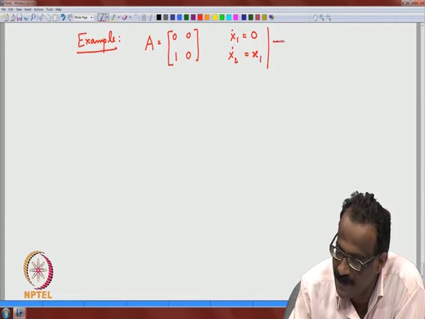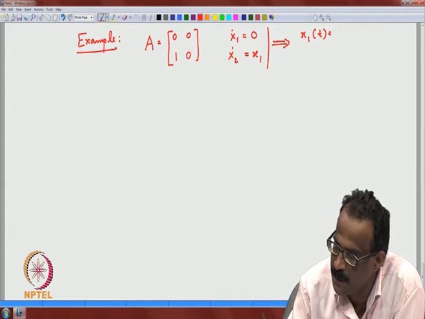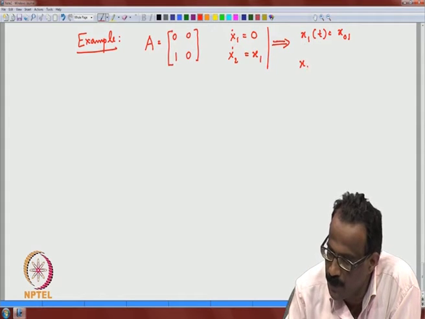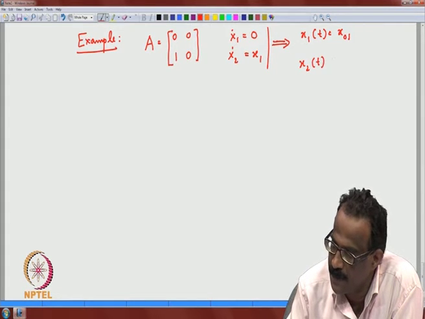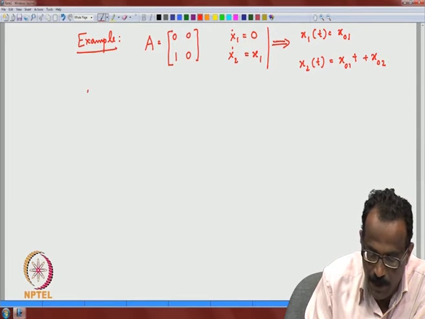So that implies immediately x1(t) is equal to a constant, that is nothing but x01, and your x2(t) is equal to x01 t plus x02. So now let us find the equilibrium point.